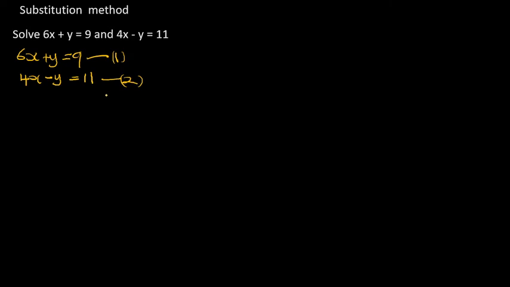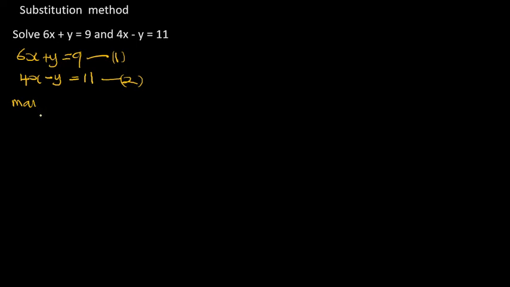Alright, we are dealing with substitution method, so let's see what to make the subject. You can choose to make x the subject or y the subject, any of them. Okay, I think y will be simpler, so let's make y the subject in equation 1.